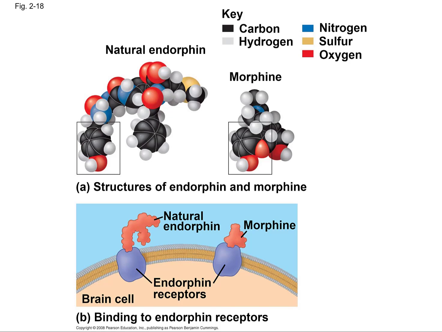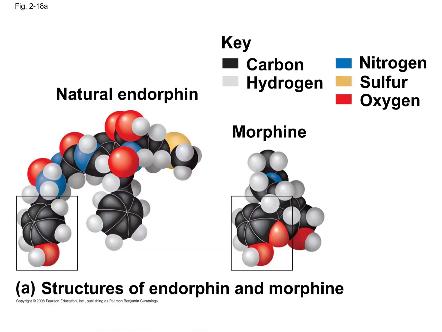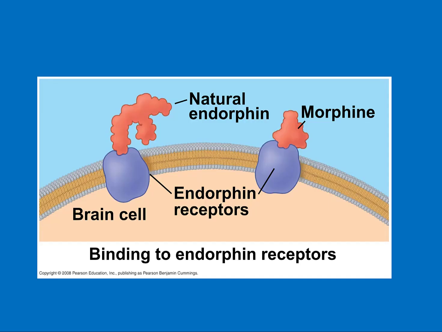Now, there's lots of drugs that we take for various things that do the same sort of thing. It has an effect on a receptor, and it causes the doorbell to ring. So you just go in and you can see how similar the structures are. And then if you look at the receptor, the natural endorphin will bind, and the morphine. Now, again, it's the business end.